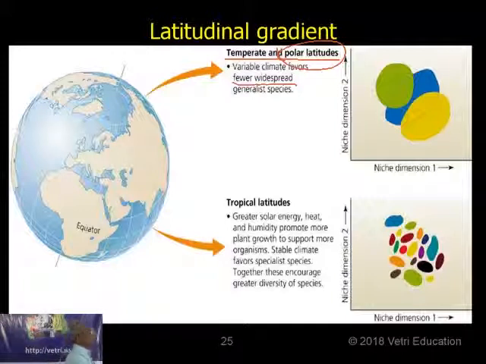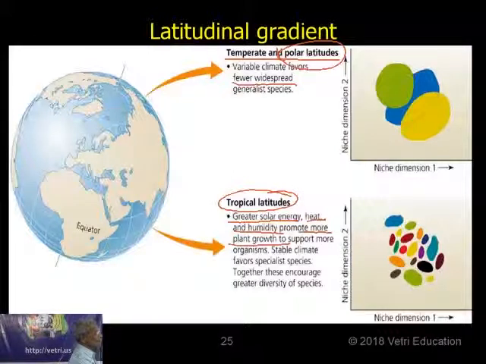But in the tropical latitudes, greater solar energy, heat and humidity promote more plant growth and support more organisms. A stable climate favors specialist species. Together these encourage greater diversity of species. So tropical latitudes or tropical forests are more suitable for species.